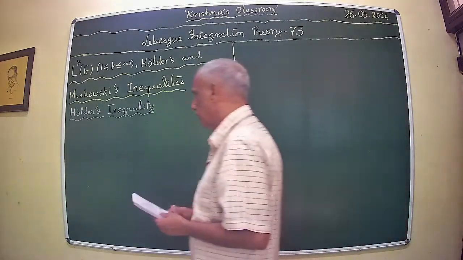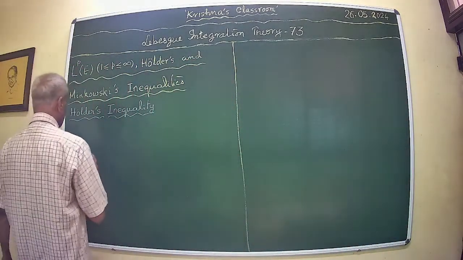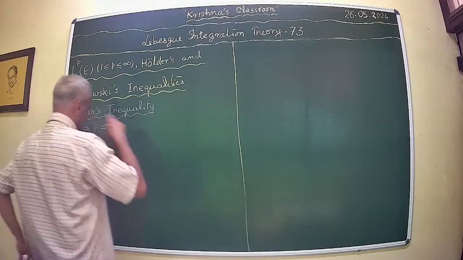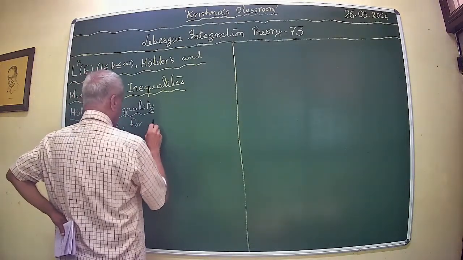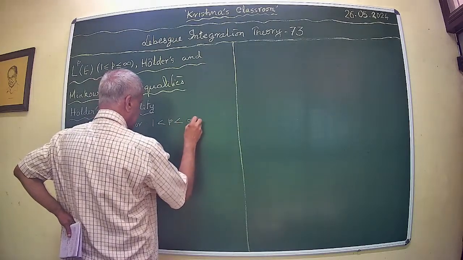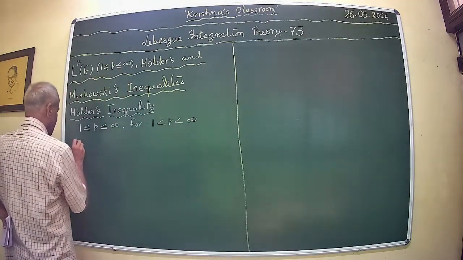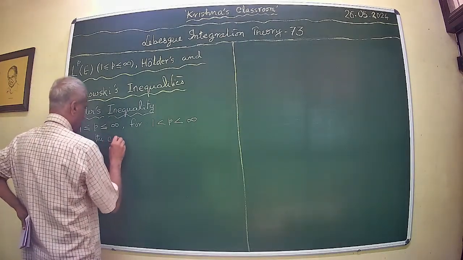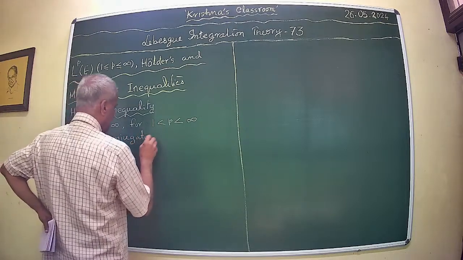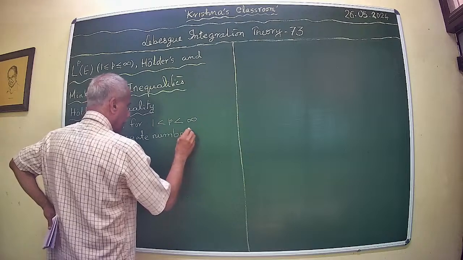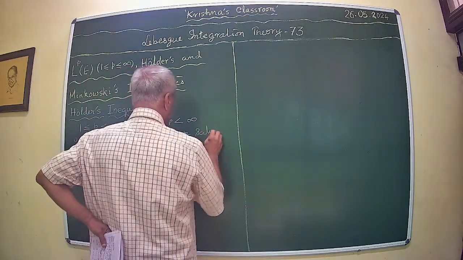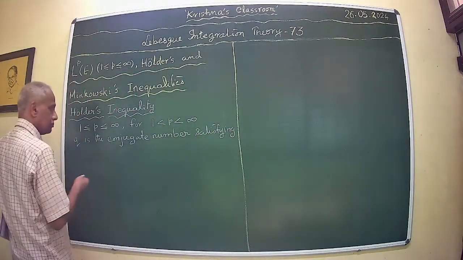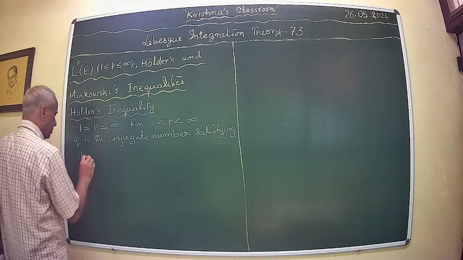Okay, so we have seen that 1 less than or equal to p less than or equal to infinity, and for 1 less than p less than infinity, q is the conjugate number satisfying 1 by p plus 1 by q equals 1.